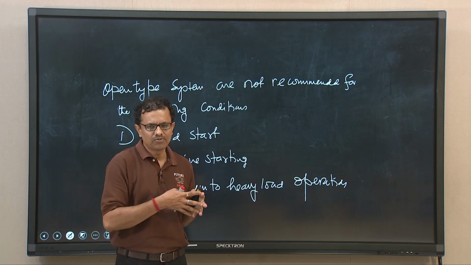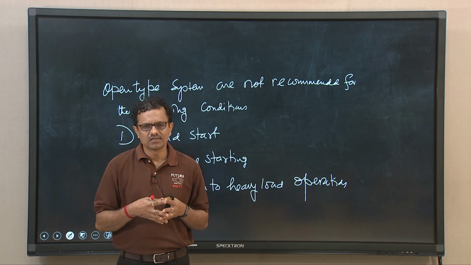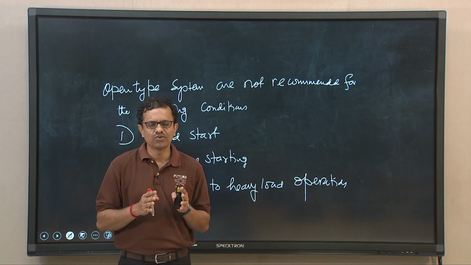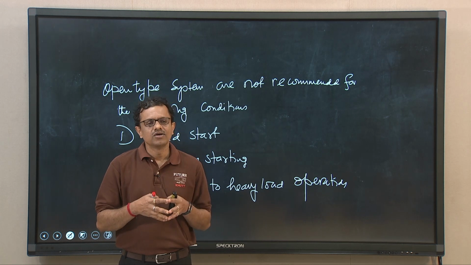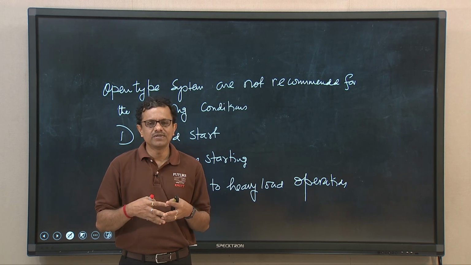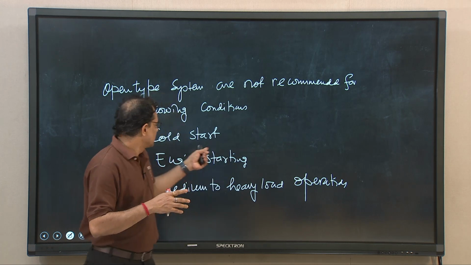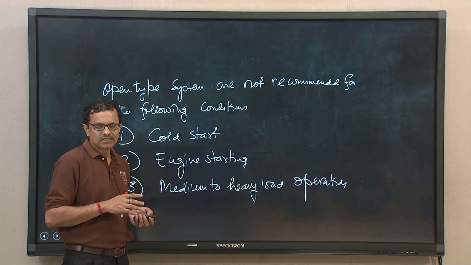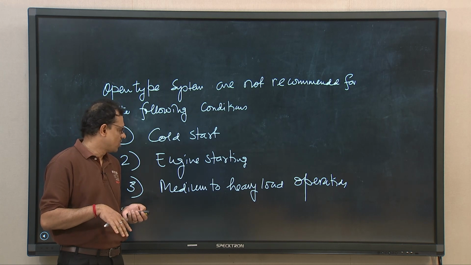A system equipped with open type control cannot run with full efficiency or without any trouble under these 3 conditions, that is engine starting, cold start and medium to heavy load operation.